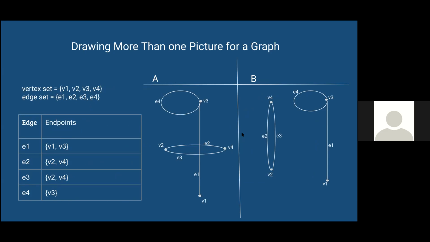You'd kind of have to work around. It would take a while because you need to make sure all of these are true for your graph, like edge E1 should have endpoints V1, V3. Does that make it more clear? Yeah, I learned a lot.